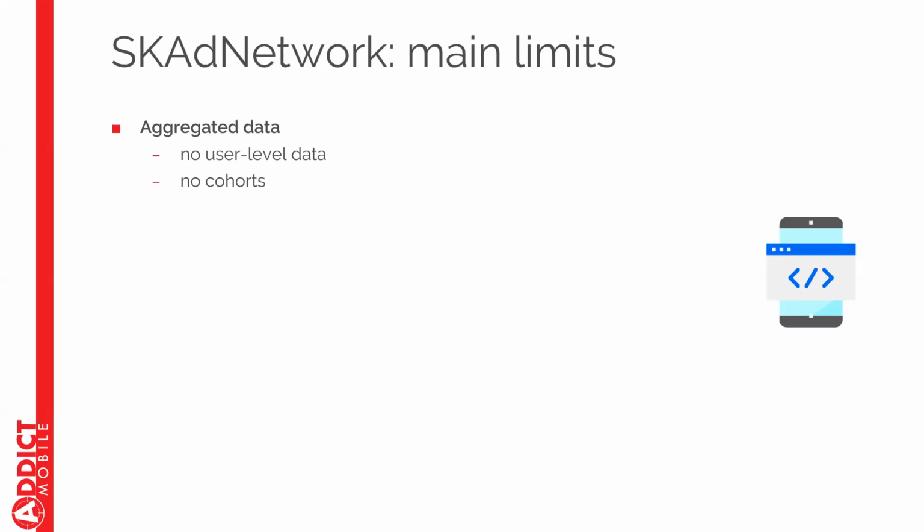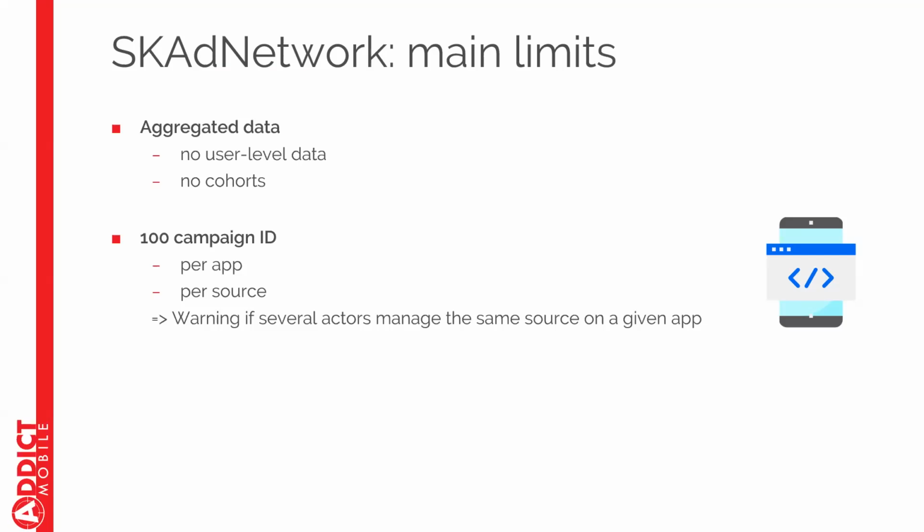You won't be able to build cohorts as you were able to in the past. Now you will have aggregated data, a bunch of data that would be much harder to analyze and with less granularity. That's probably the main limit we have with SKAdNetwork.